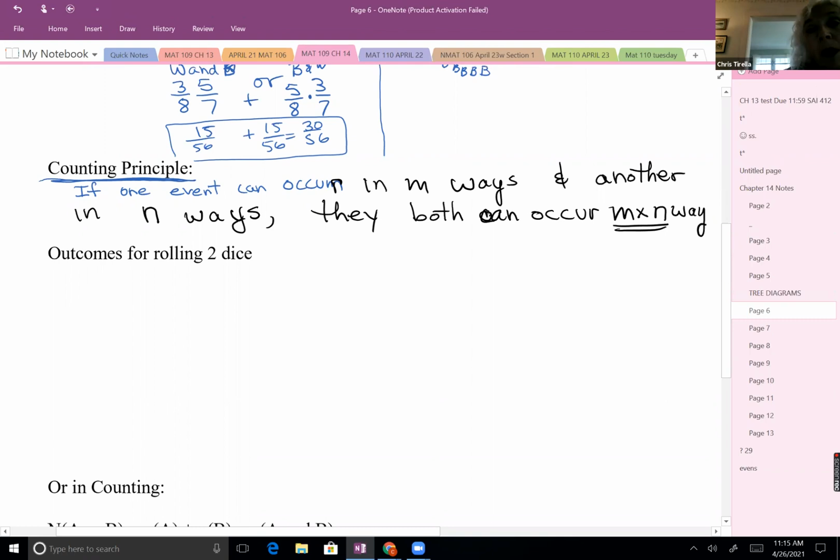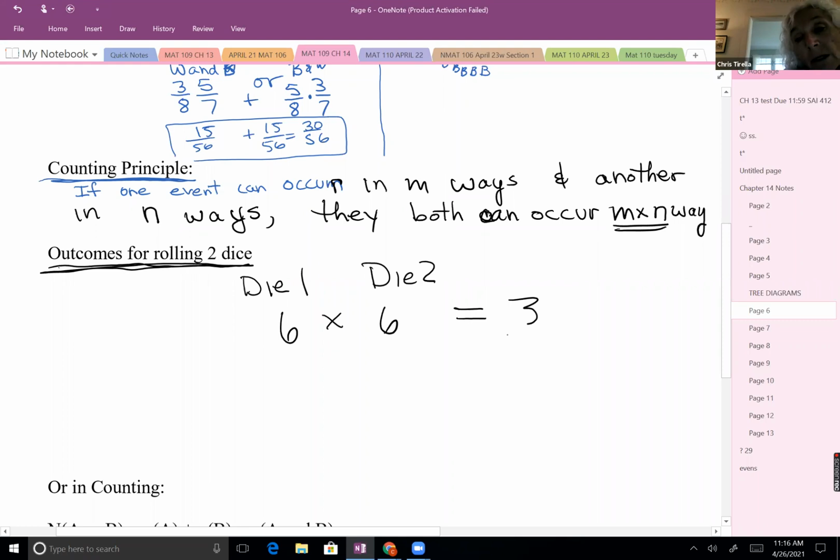And so we already looked at that today, even that list of outcomes for rolling 2 dice. If I look at the first die, it has 6 outcomes. If I look at the second die, it has 6 outcomes. And so when I take 6 times 6, that's where we get that there's 36 outcomes for 2 dice.